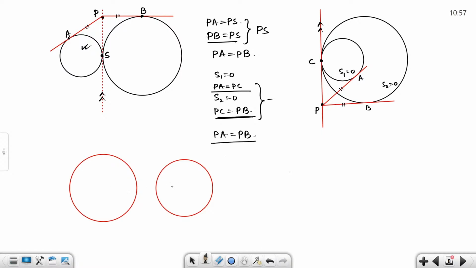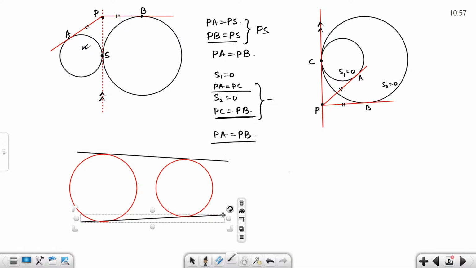Now, if I draw the two direct common tangents, this is one direct common tangent and another one is this one. And this is our radical axis.